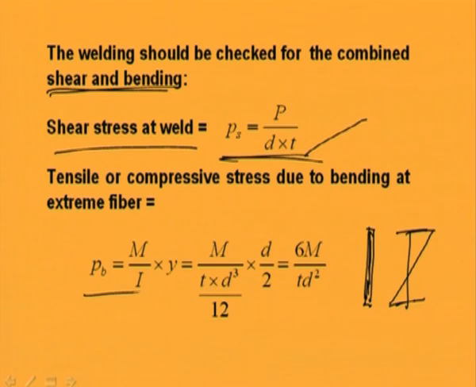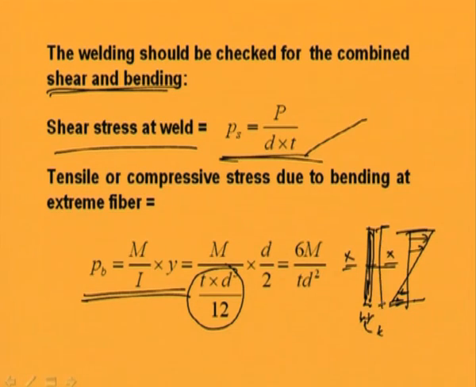So, bending stress can be found from this equation M by I into Y, where I has to be calculated about this axis, x axis. Okay. So, M by I into Y means this will be either tensile or compressive, depending on the direction of the moment. Okay. So, M by I into Y, where I is 1 by 12 into B D cube. B means T, because this is T and this is D.